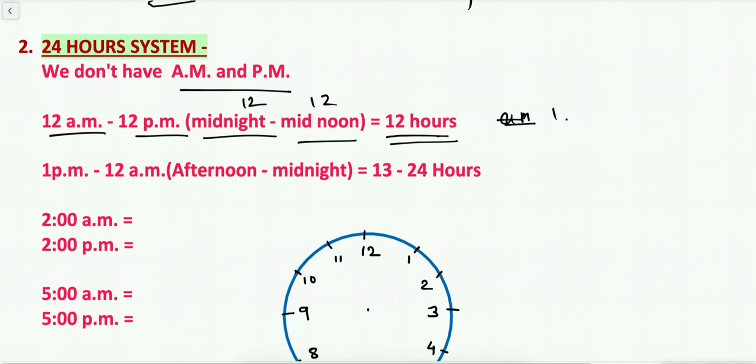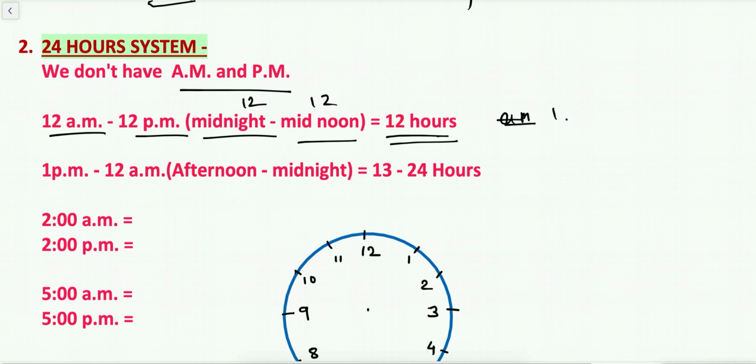Take 4:35. If it is 4:35 a.m., it will be 04:35 hour. And in the evening, 4:35 will be 4:35 plus 12 hour.